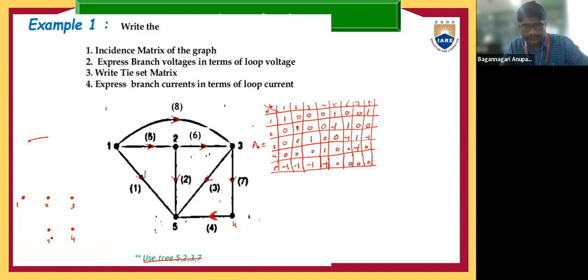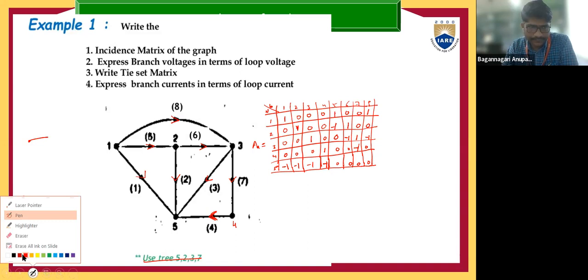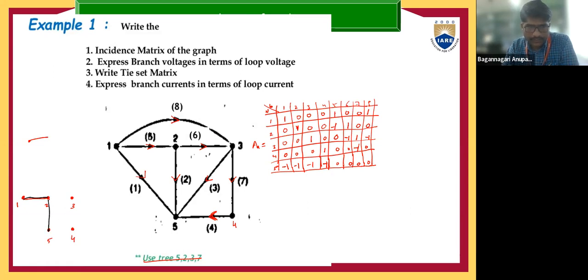Now let me take this as one twig, second twig, third twig, and this is the fourth twig. That is branch number 5, branch number 2, branch number 3, and branch number 7.